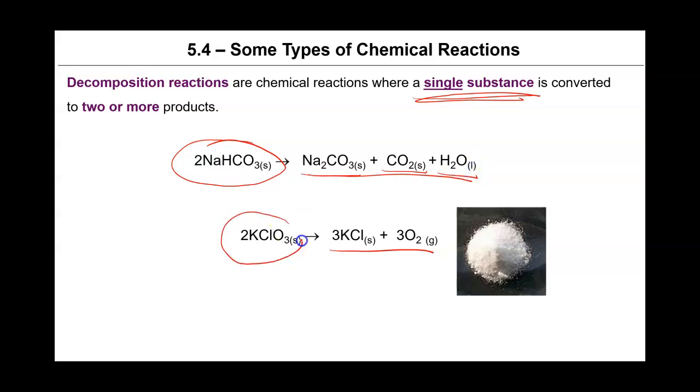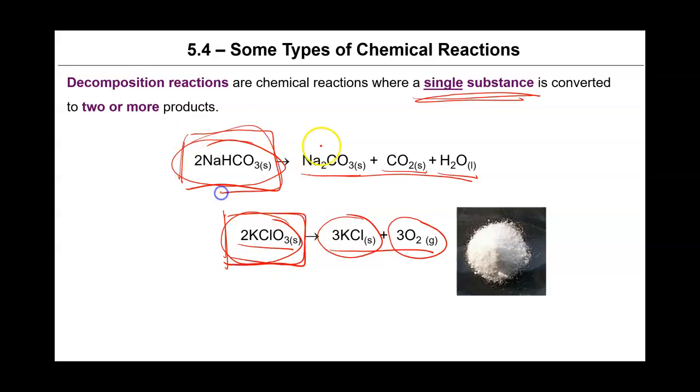Here we have the single substance potassium chlorate, and it decomposes to form oxygen gas and potassium chloride solid. These reactions are easy to recognize because they only have the one reactant, but they have multiple products. It's the opposite of a combination reaction.